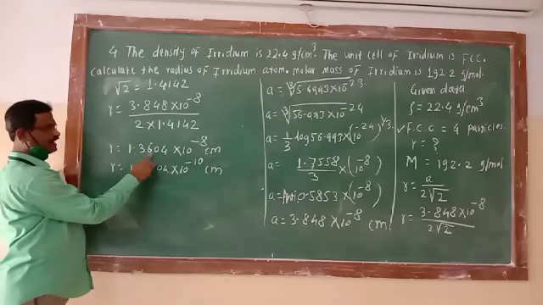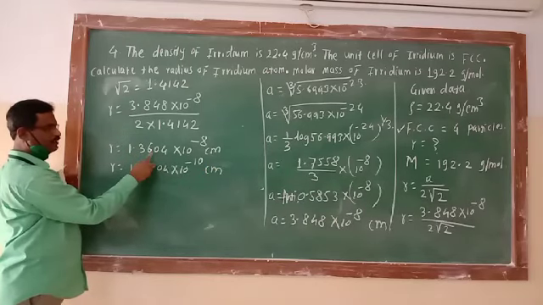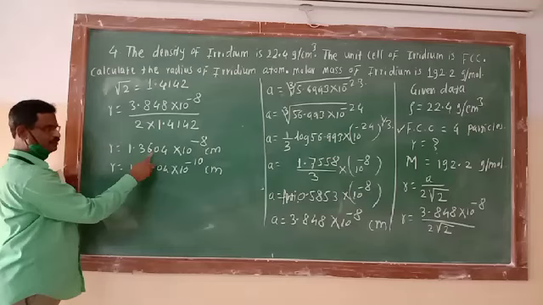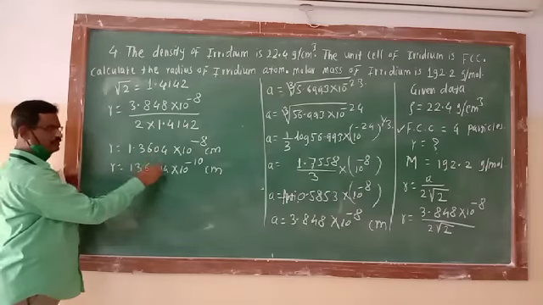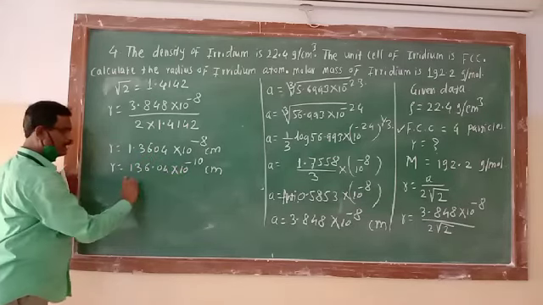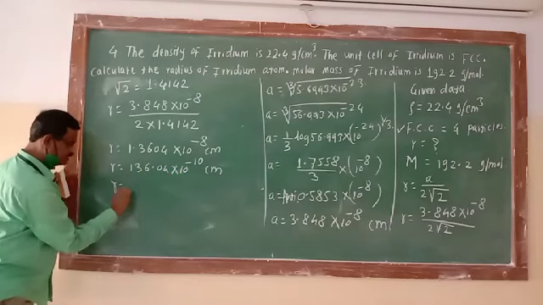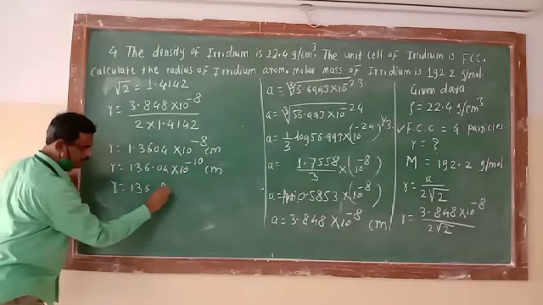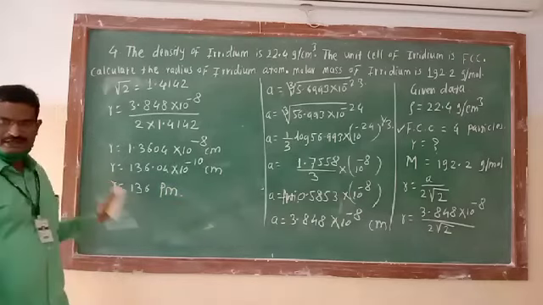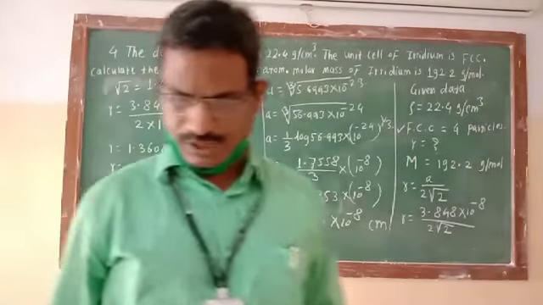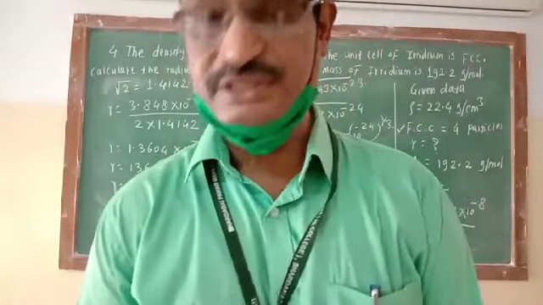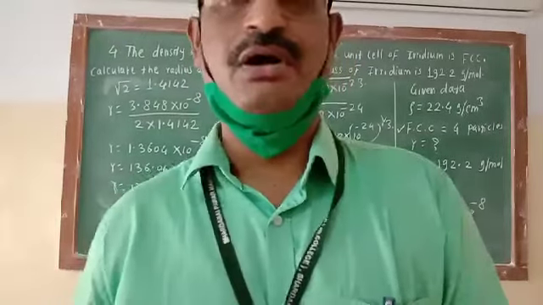Two decimal places to the right means I have multiplied by 100, so also divided by 100, 10 raised to minus 10, and this is nothing but radius equal to 136 picometer. That is the answer given in our book. This is how the problem must be solved.